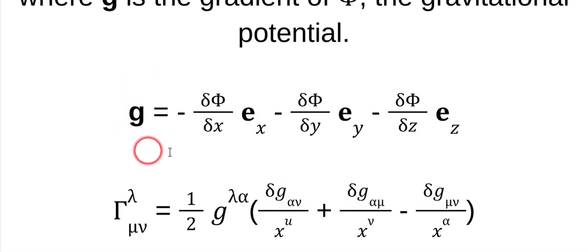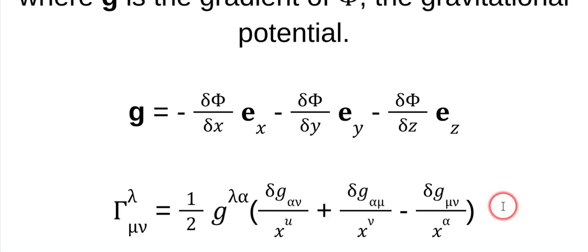So this is how you would determine the field in Newtonian physics. This is the equivalent of how you would determine or express the gravitational field in general relativity. So this is the generalized form of this.